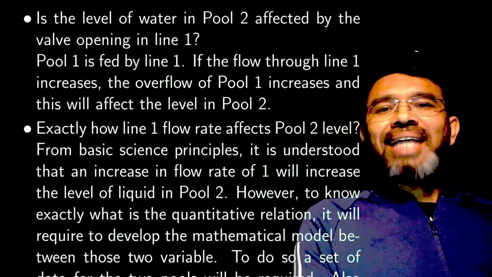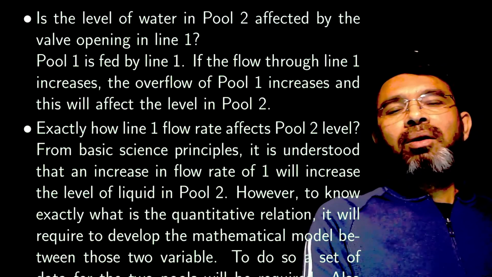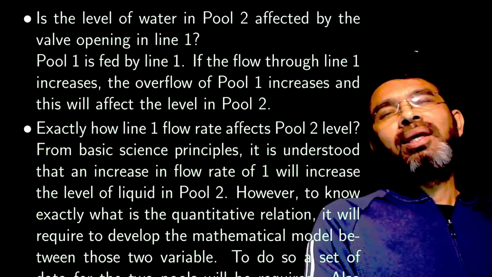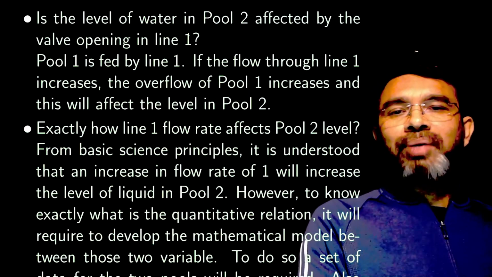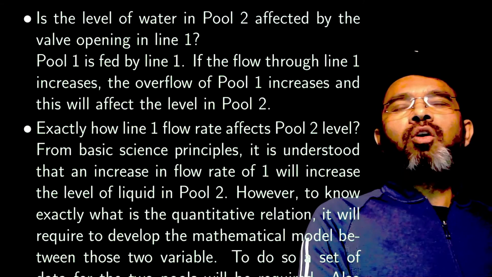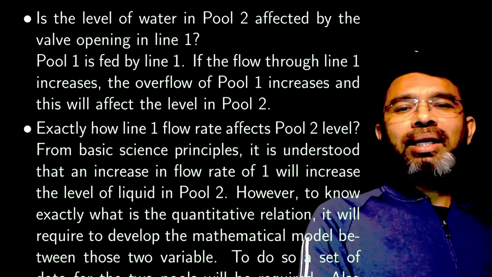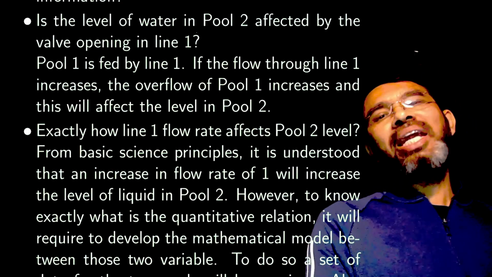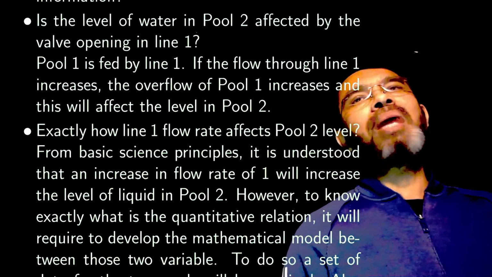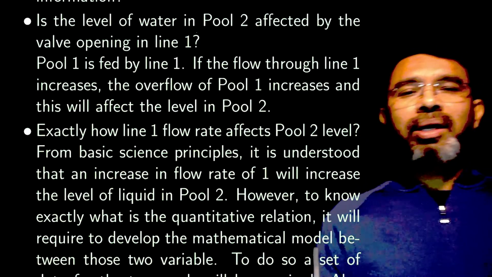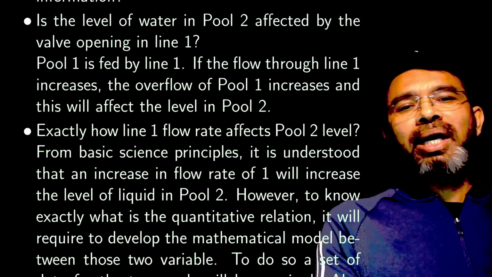Exactly how this line 1 flow rate affects pool 2, from the principles of science we understand that an increase in flow 1 will make the overflow from pool 1 increase, and that's how it will affect the level in pool 2. However, to exactly know how much level increase will take place, we need some additional information about the size of the pool, the initial level of water in the pools, and so on.